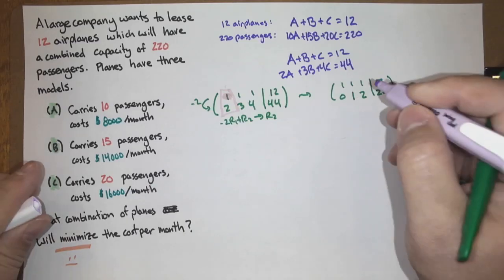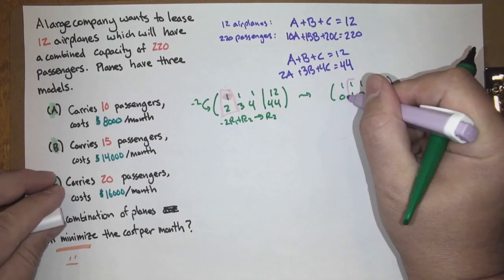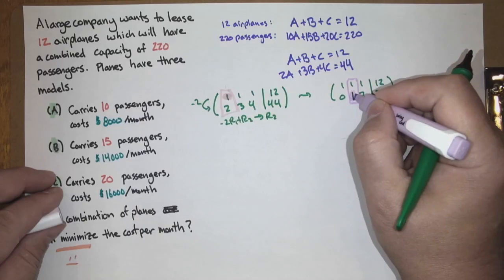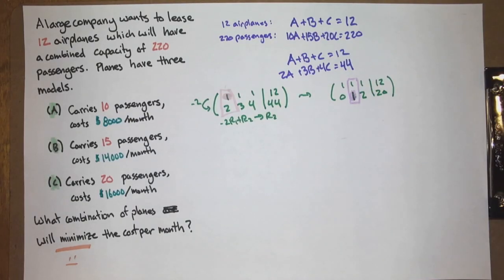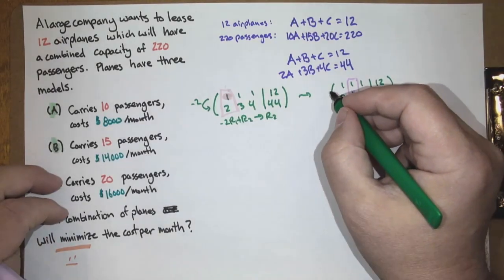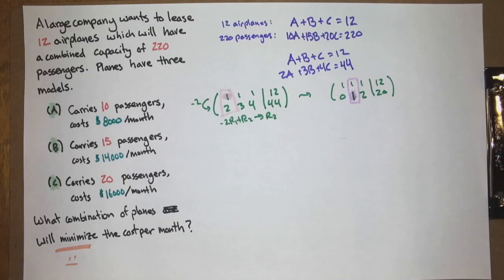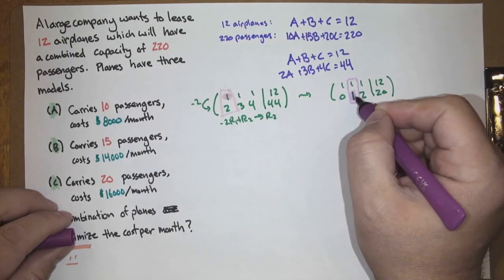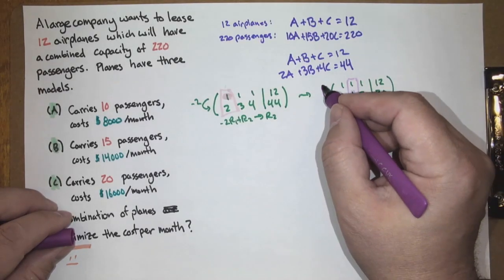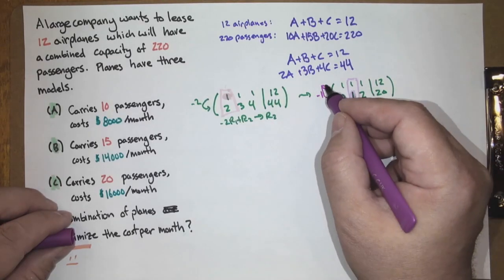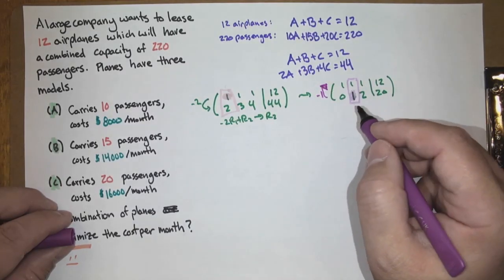So we get to our second column, say, hello, second column, you look wonderful today. First, we want to make you a 1. You're already a 1. That's perfect. It's almost like they wanted this problem to be able to be done in a short amount of time. All right. So we're going to use that 1 to knock out the 1 above it. So we're going to take -1 times the second row, add it to the first row.